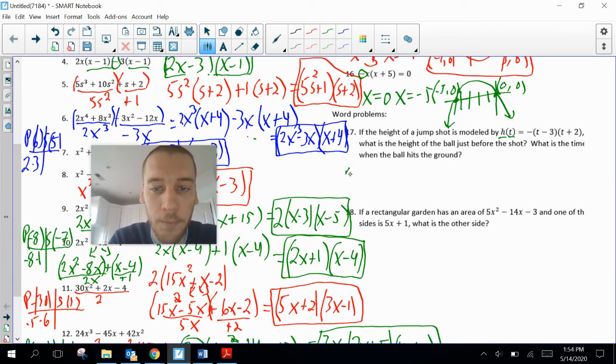For the first part, the height at time 0 is going to be, I just plug in 0. So t becomes 0. This is 0 minus 3.